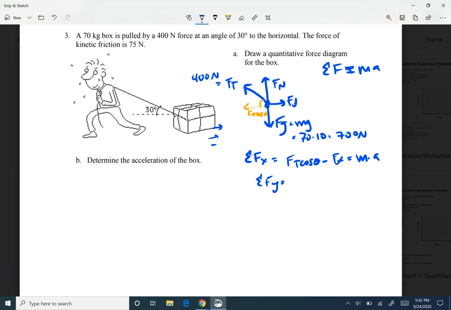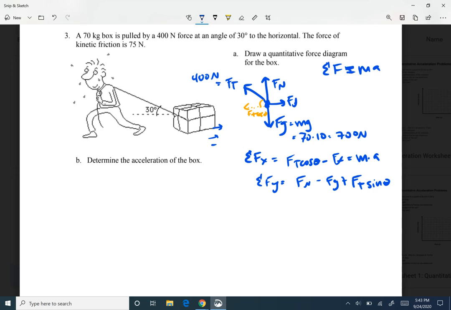All right, so next up, we want to do a sum of the forces in the y direction. In the y direction, we have a force normal. We have force gravity, which is in the negative direction. And we also have, in the positive direction, so we're going to add it, the y component of Ft, which is going to be Ft sine theta, because it's opposite. Okay, cool.